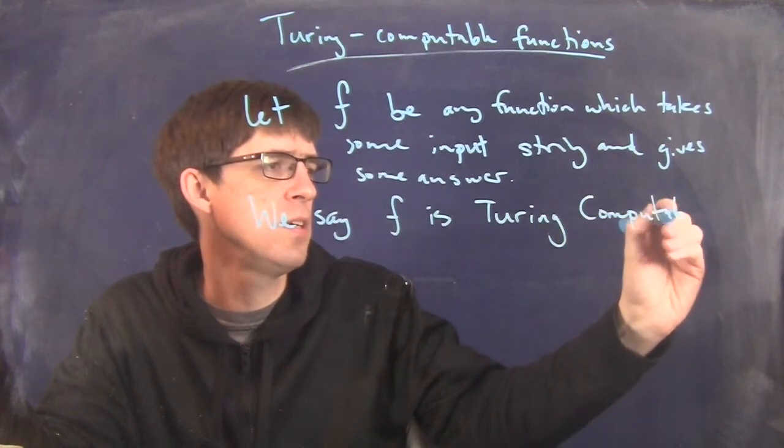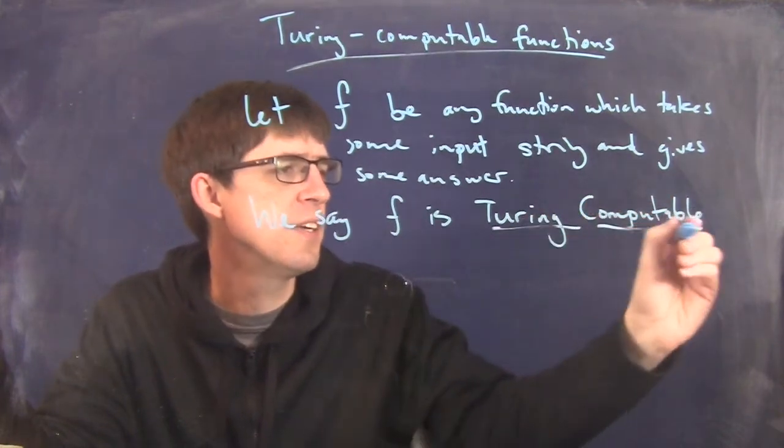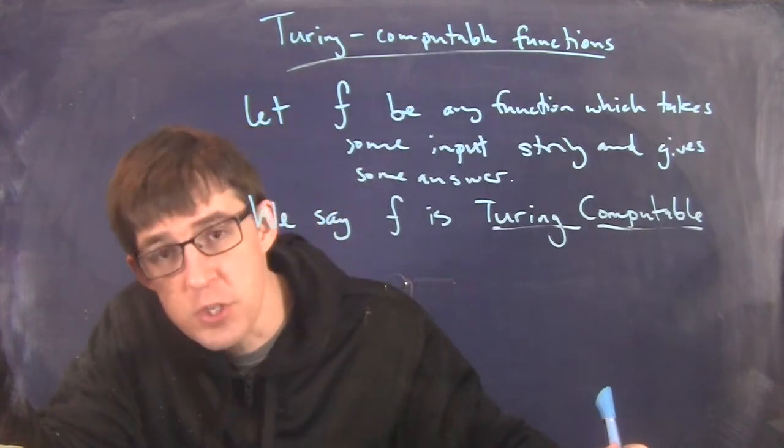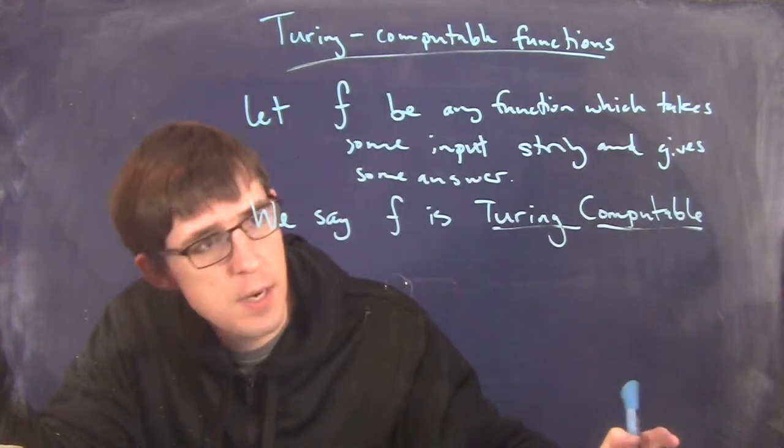This is the definition. The idea is Turing computable means it is a function whose computation could be done by a Turing machine.